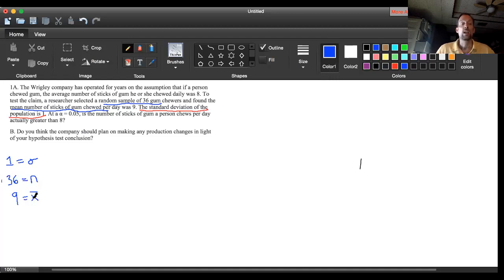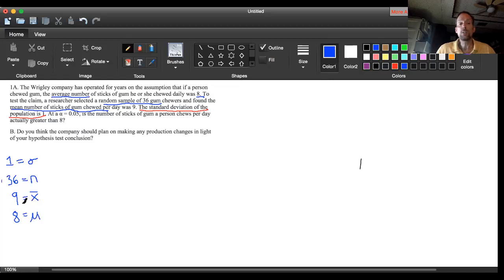Okay. The other average that they gave me in the question was the average number of sticks chewed as 8. And I'll write this a little bit better. Now the 8 is not at all connected to the information that's in the sample, so it must be true that 8 is going to be my mu, or my population average.